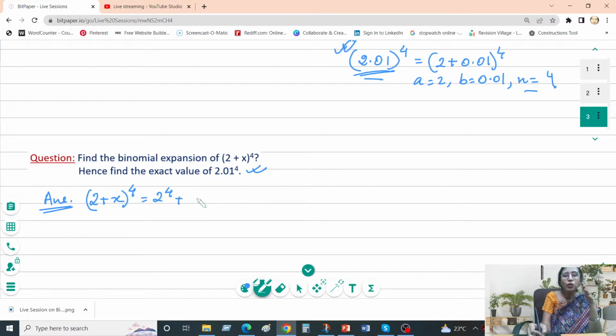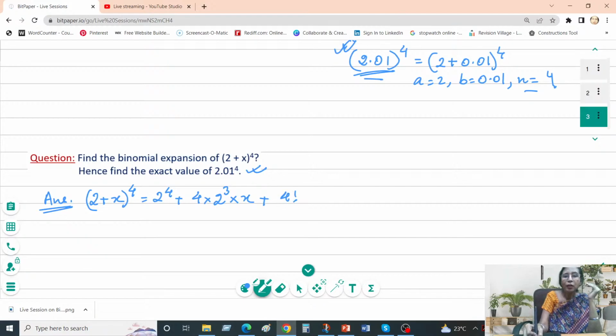Next, it will be 4c1, which is equal to 4. So 4, and it will be 2 to the power of 3 times x plus 4c2, which is 4 factorial.